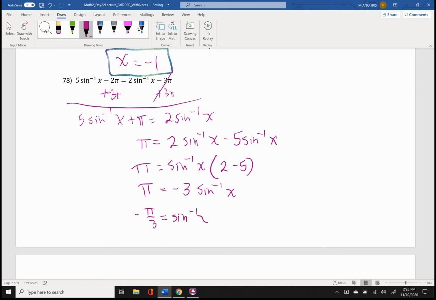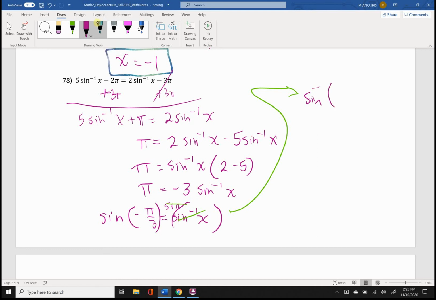We'll take the sine of both sides. Watch this. Sine, and then sine of this. They'll cancel here. And we will have the sine of negative pi over 3.